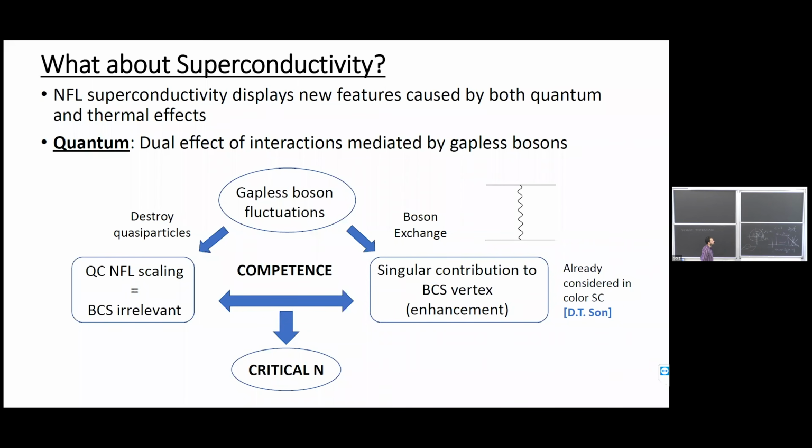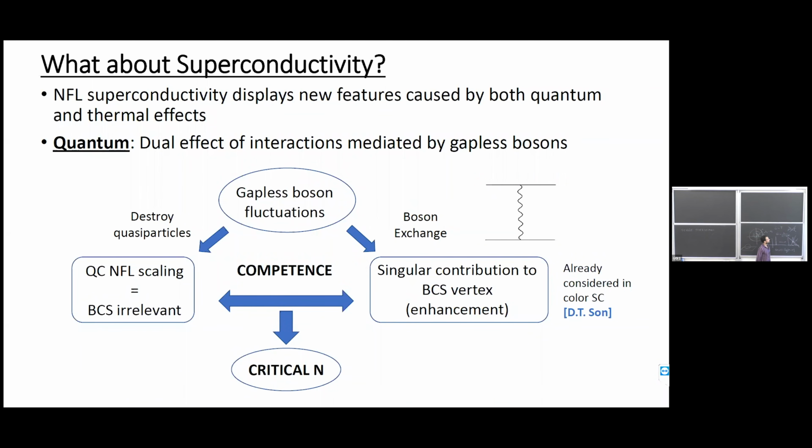And the physical reason for this to happen, as we will see, is due to the sort of dual effects of the gapless boson. On one hand, what we have seen extensively along this talk is that gapless bosons running in loops usually tend to destroy the quasi-particles and induce an anomalous dimension for the fermionic degrees of freedom, which is what we associate with non-Fermi liquid.